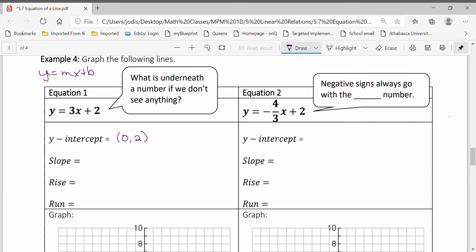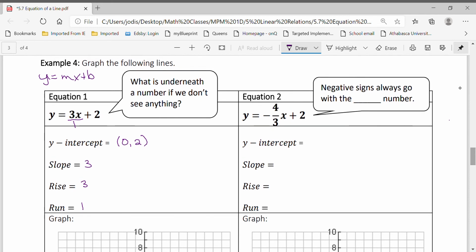Our slope, that's our m, is 3, which means that our rise is 3 and our run is 1. Because what's underneath the number if we don't see anything? Always a 1. Okay. So now that we have this information, we could try and graph this.